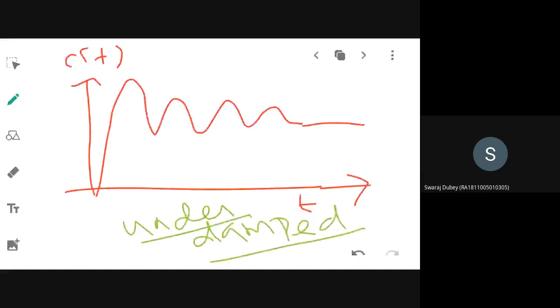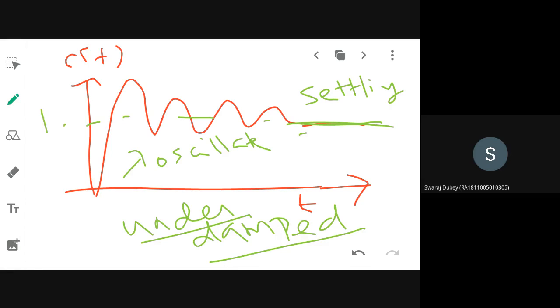First it will start to oscillate, and finally it will settle to the final value, let that be 1. So it will not be a completely oscillatory response. In the beginning it will be oscillating and finally it will be settling. This is the nature of the underdamped response.